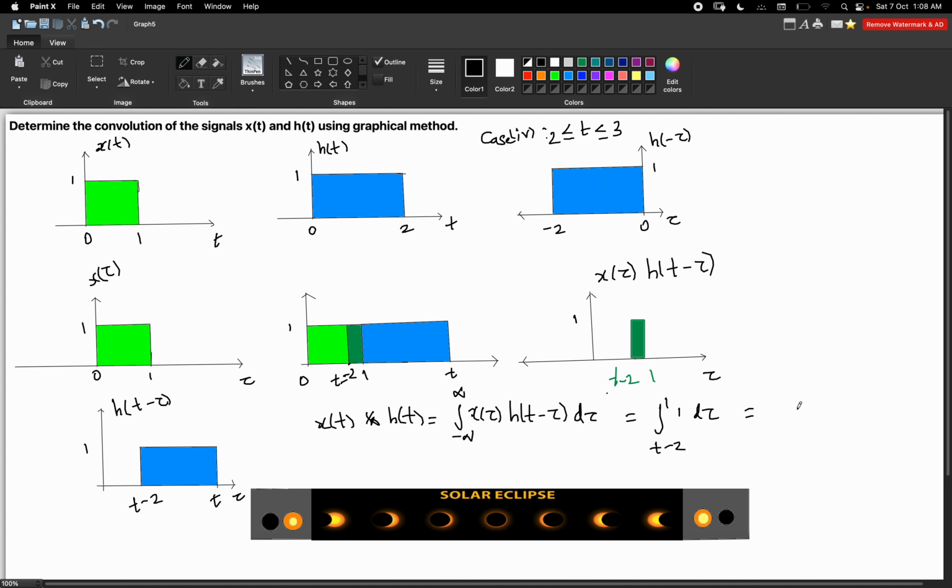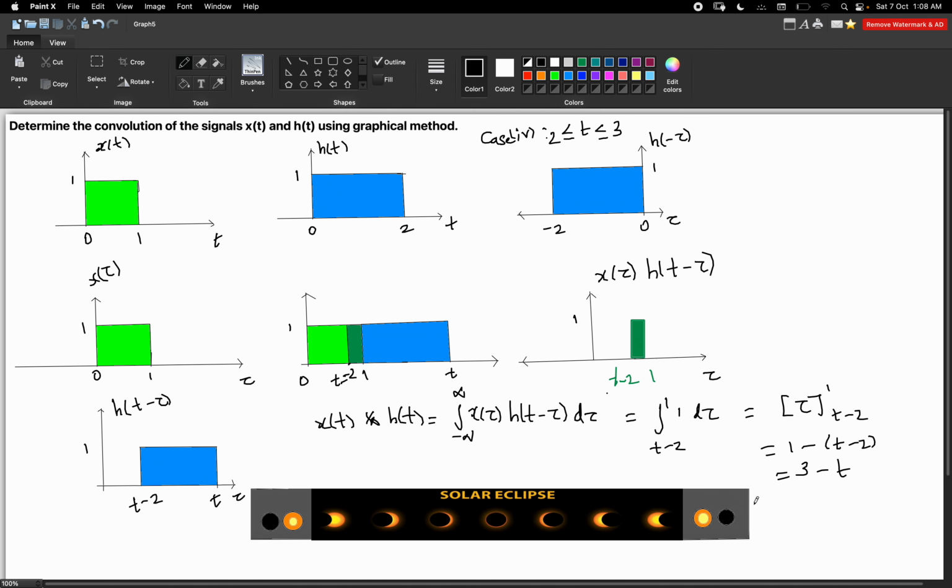If you integrate 1 with respect to tau, you will get tau. And if you substitute the upper limit and lower limit, this can be simplified as upper limit 1 minus the lower limit t minus 2. So this is nothing but 3 minus t.